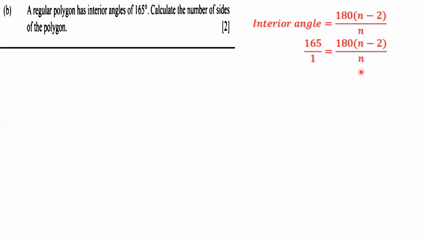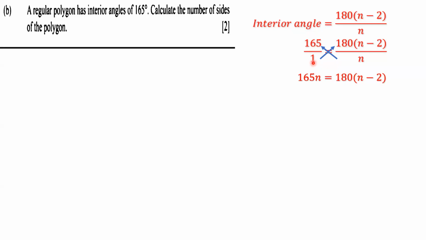Now we're going to multiply n by 165, so n times 165. And we're also going to multiply 1 by 180 multiplied by n minus 2. What is n times 165? Well, that's going to be 165n. And then 1 times 180 multiplied by n minus 2 is going to be 180 times n minus 2.